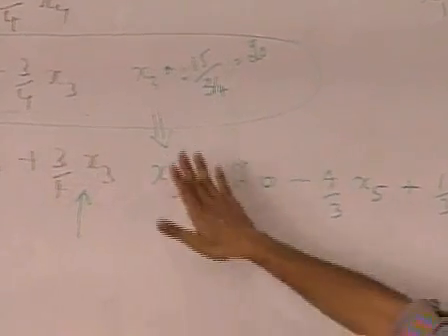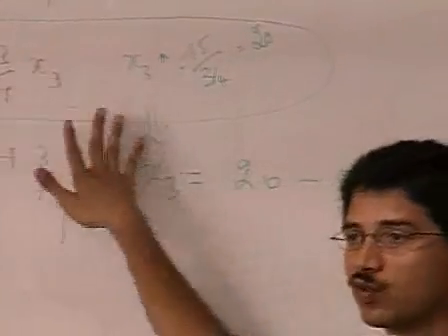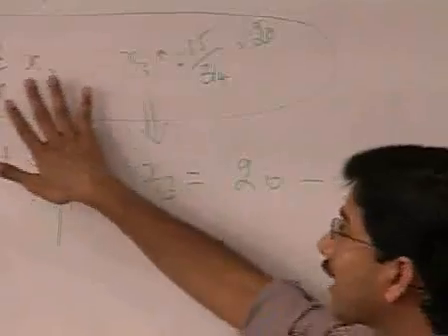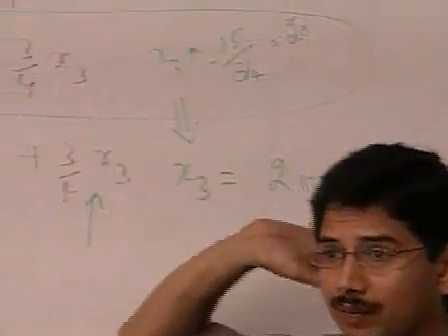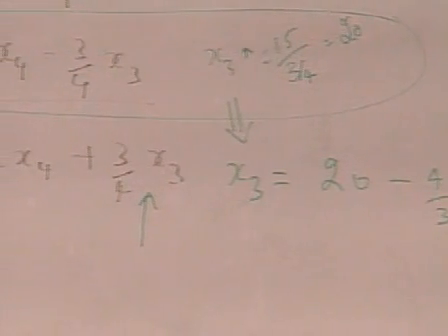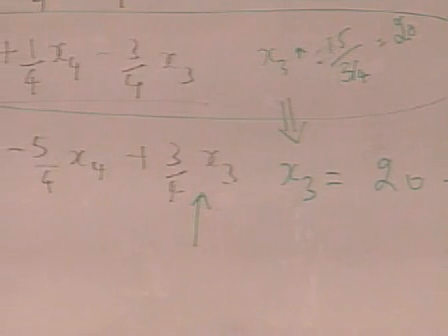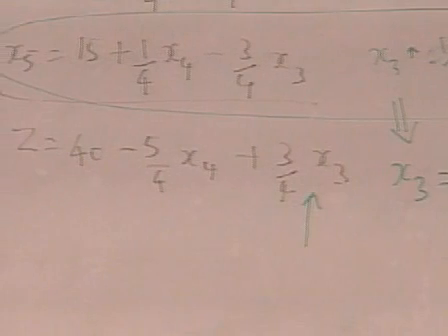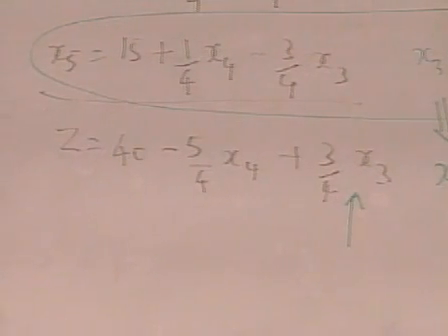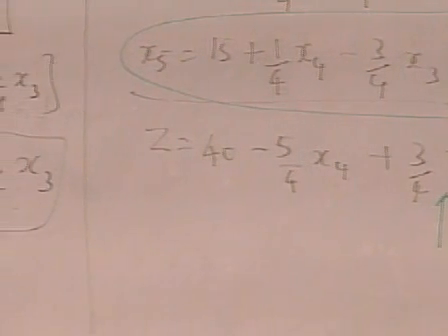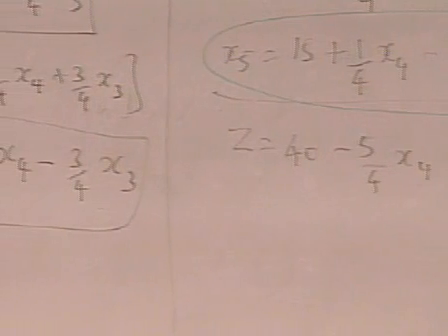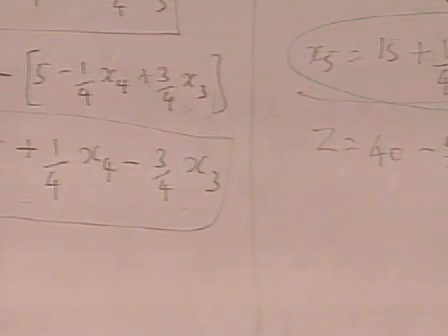Okay, anyway, so you rewrite x3 in terms of x4 and x5, and then you plug in that expression for x3 wherever it appears in your system. Okay? And you end up with the following. So let me just write down the final answer. You can do this calculation yourself. So this is the final set.